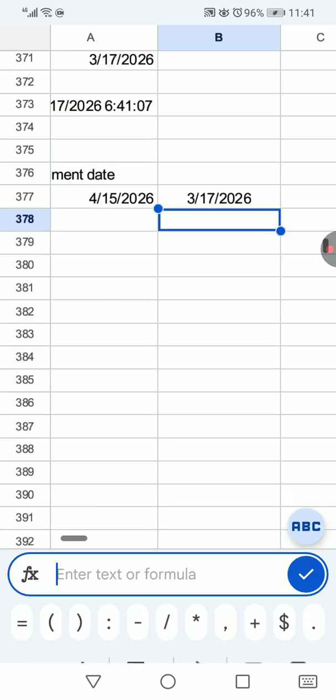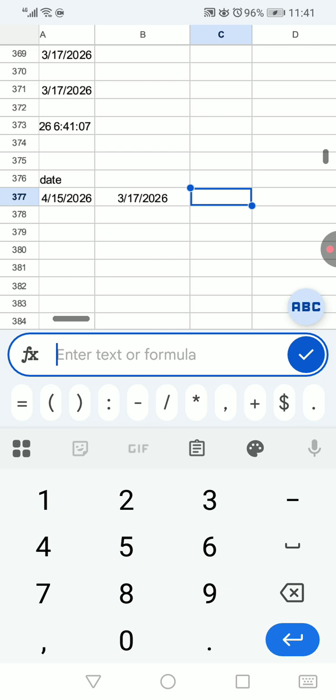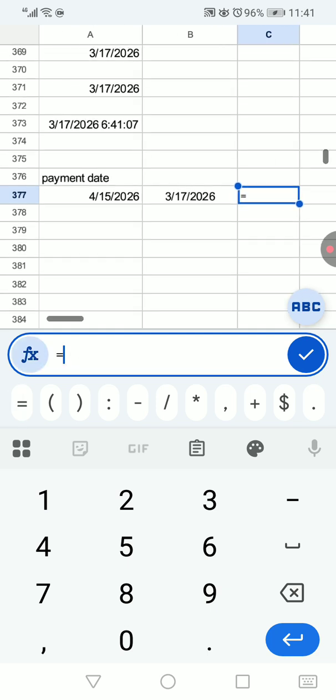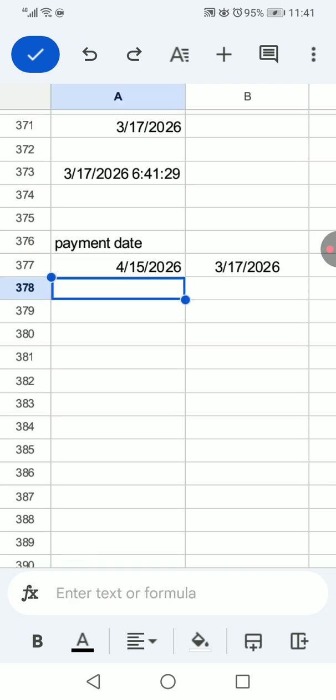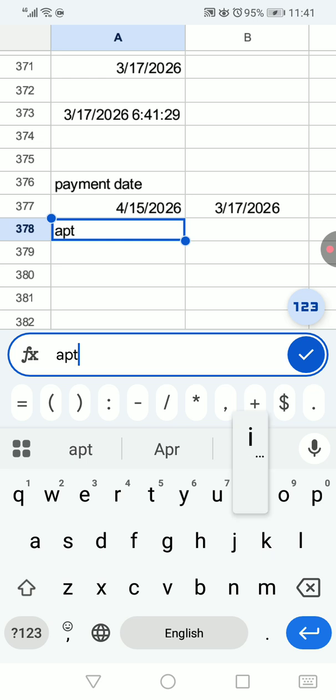Here we are going to use the formula of TODAY. Let's say we need to make a simple comparison of these two dates. Here I would exactly let you know this is April. I will write in English so that you can understand it.